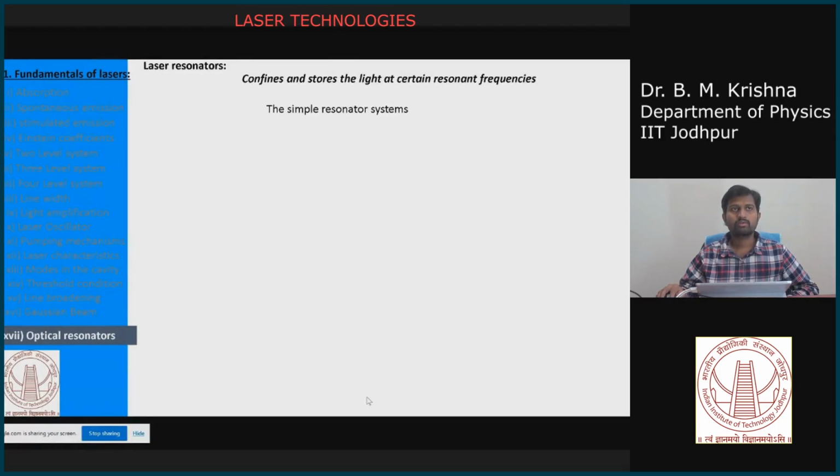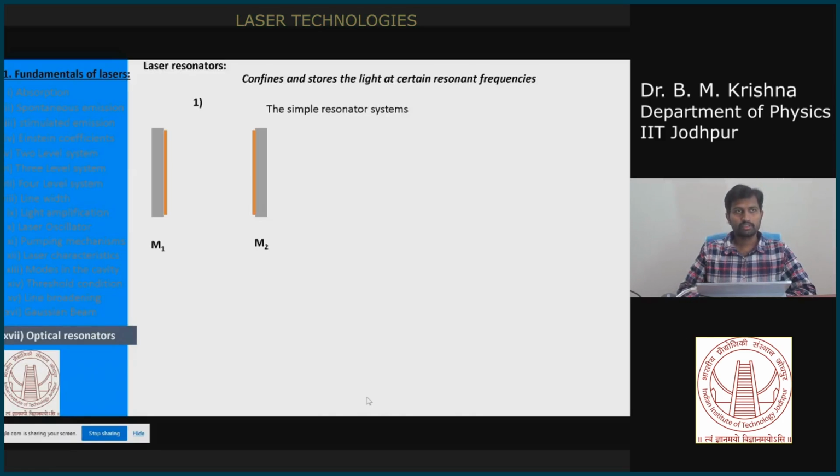So we now consider some simple resonator systems. Using two plane mirrors you can construct a resonator. This you can also call a Fabry-Perot resonator. You can construct it with two glass plates with similar functionality, and you will get the Fabry-Perot.